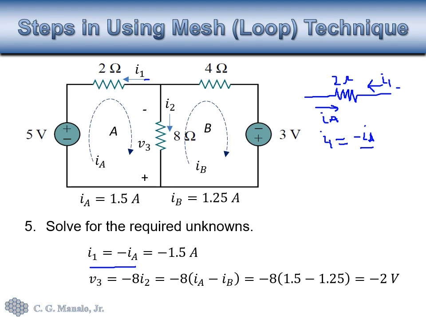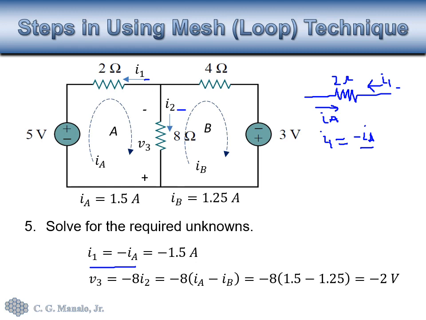So let's assume that the current there is I sub 2 with a given direction. So we also need to express I sub 2 as the total effect of the mesh currents that pass through the 8 ohms.